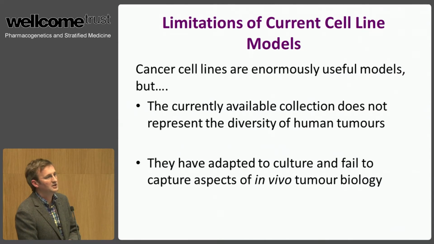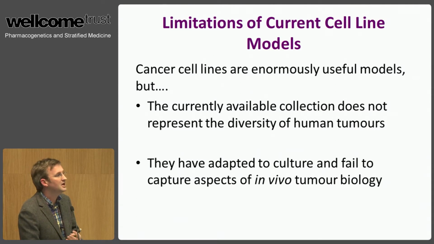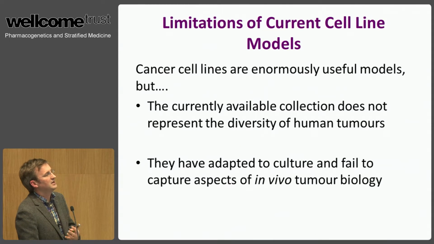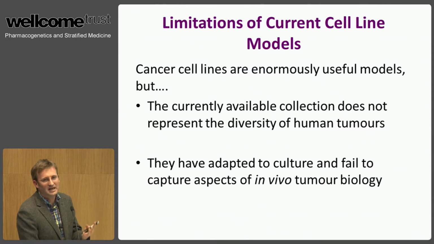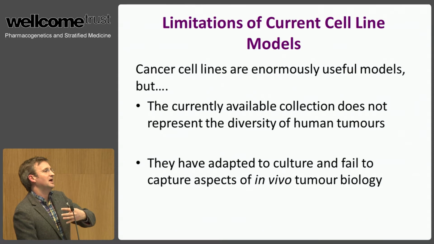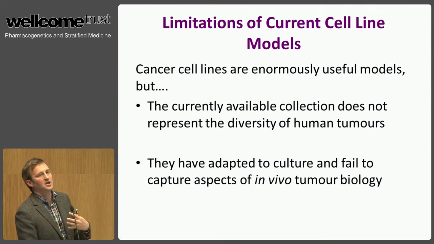So for example, for some tumor types we just really don't have a very large collection of models, prostate being the classic example. And even within a tumor type where we have lots of models, we're not capturing all those driver genes, all those molecular changes. And of course, these models have adapted in culture, and so don't necessarily, again, give a fair representation of the clinical prevalence of different populations.